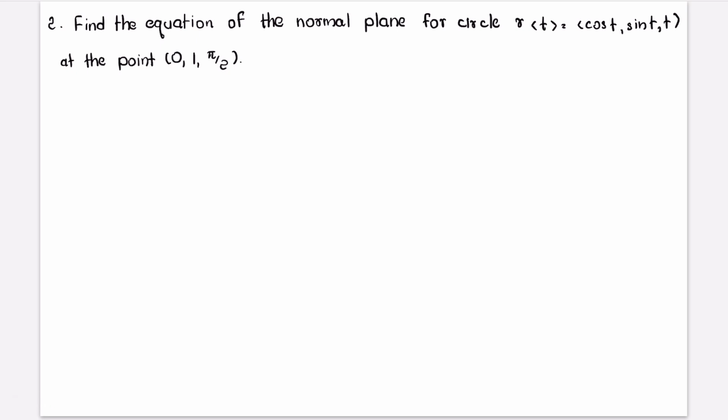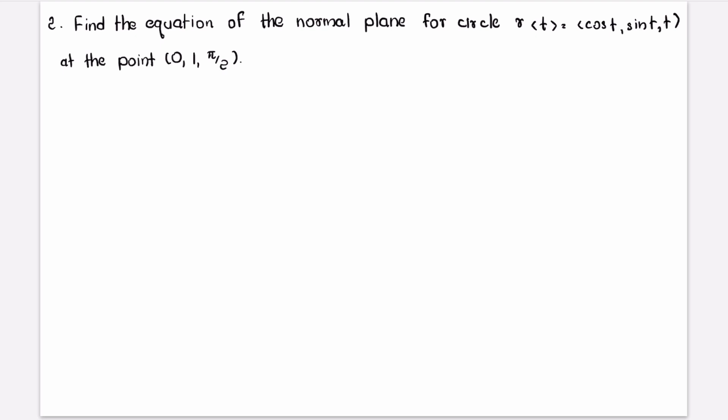Find the equation of the normal plane for a curve at the point 0, 1, pi minus 2. So to find the normal plane, we need the tangent vector.